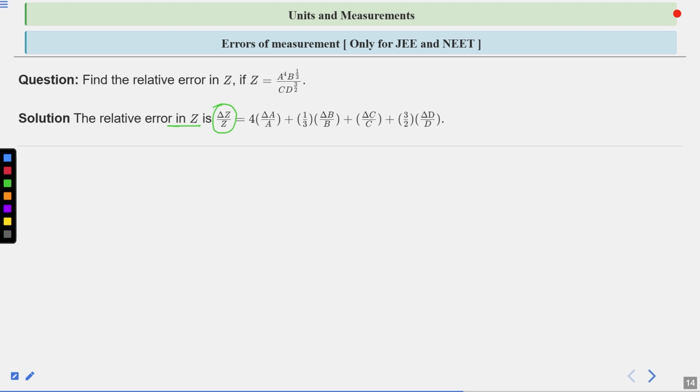The power of c is 1, so it will be delta c divided by c. Now the next term is d. The power is 3 by 2, so 3 by 2 into delta d divided by d. So this is the representation of the relative error if the quantities are given like this. This is clear?